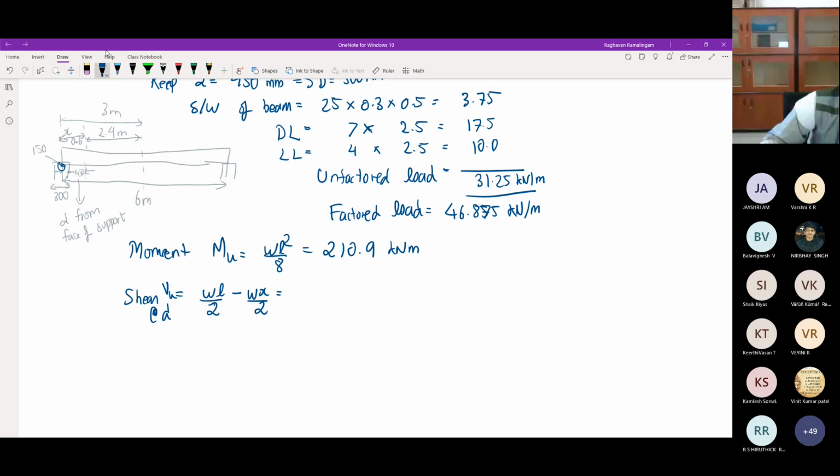How much is it? 46.875 into 6 by 2 minus 46.875 into 0.6 by 2. So this will be close to 150, and then 150 minus some small number. How much do you get?